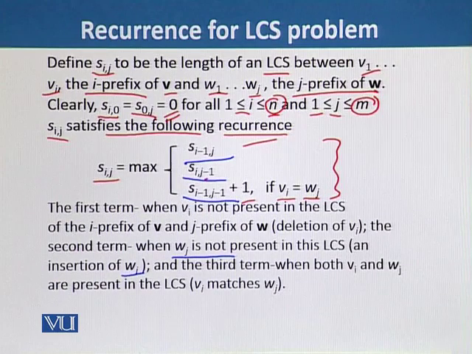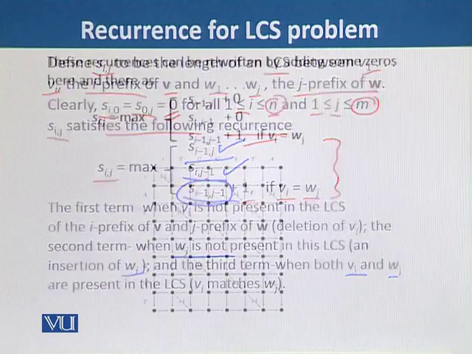And the third representation is when both Vi and Wj are present in the LCS. So in the first case the character is missing from the V string, in the second the character is missing in the W string, and this equation is when the characters are identical at a particular position in both the V and W strings.